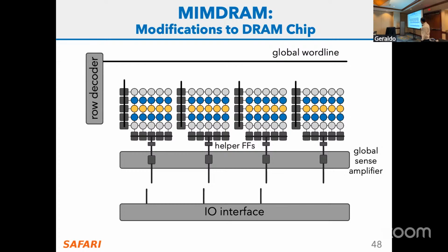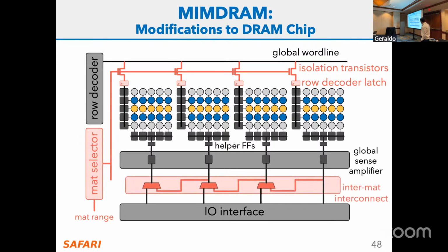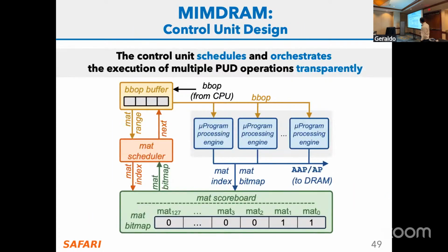So basically, we have to do some modifications to the DRAM subarray to allow us to individually access those DRAM mats when we are doing the process using DRAM operation. And also, we have to add this intermat interconnect that allows us to move portions of data from one DRAM column in one mat to another one. We also implement some control units because now the control is more complicated.